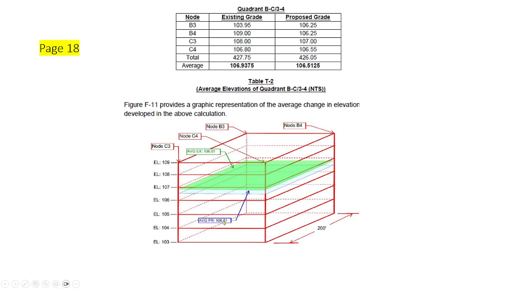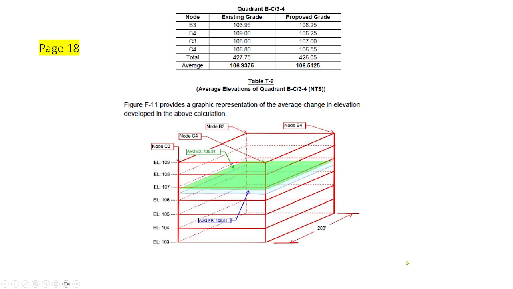And for proposed, they got 106.51. So I think we can live with that. That's close, hundredths or two off. So that's pretty good. But this is like that quadrant we were talking about.